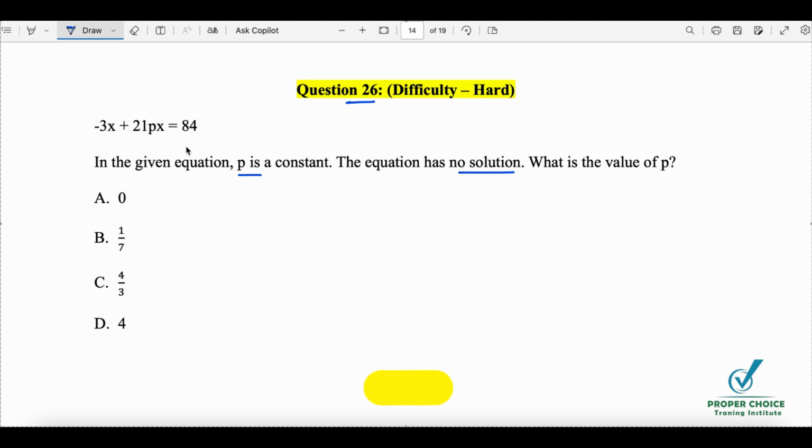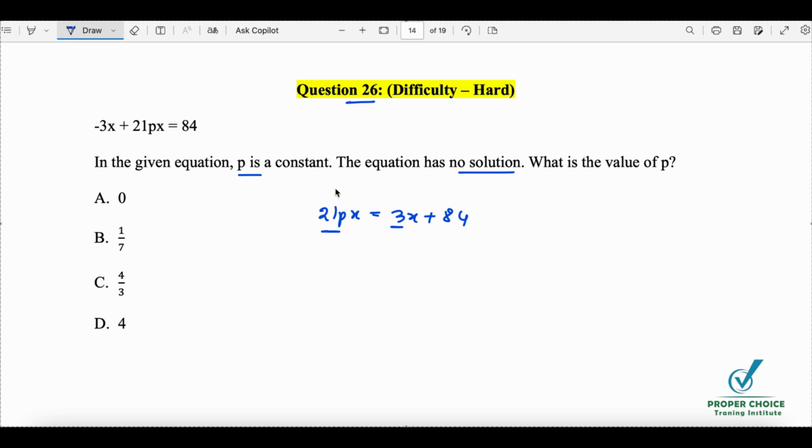I can rearrange this equation to say 21px is equal to 3x plus 84. For our equation to have no solution, the coefficient of x should be the same on either side, whereas the constant terms should not be equal.